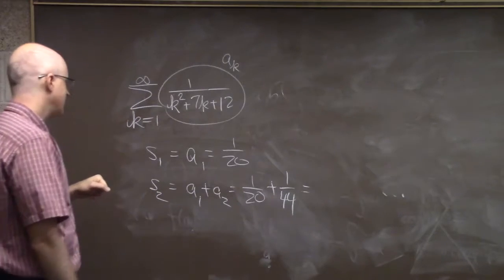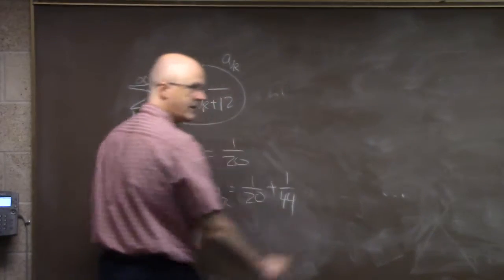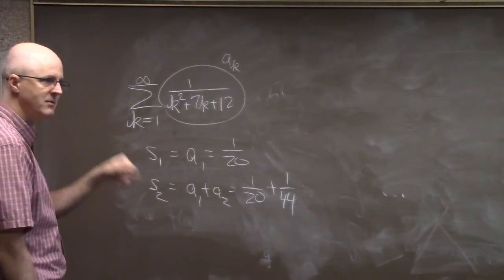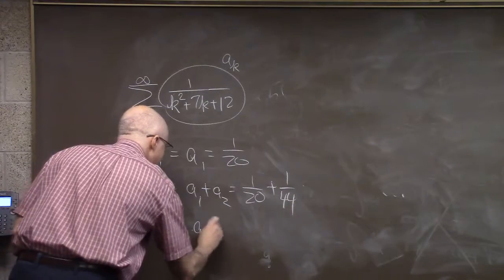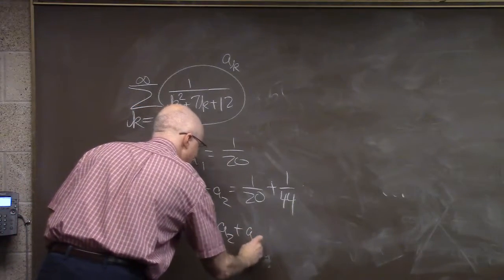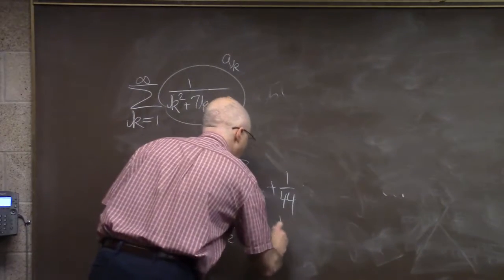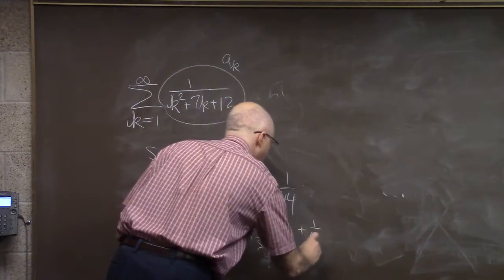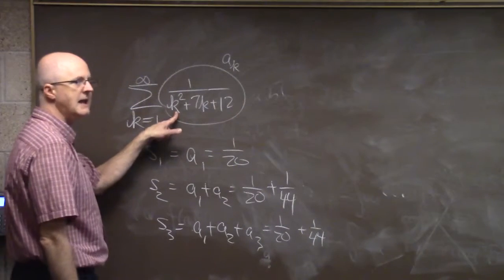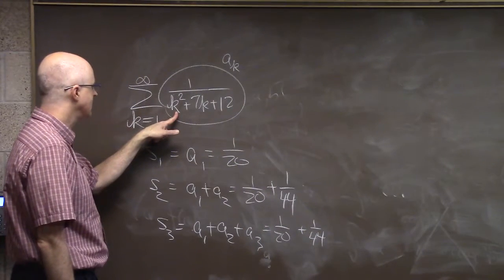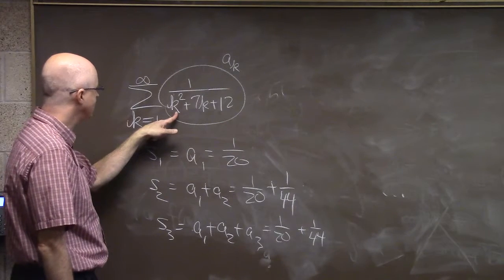Did I do that right? Oh, do I have to get a common denominator with these things? Okay, I could, I'm not going to bother. I can simplify it. The second one should be 1 over 30. Did I calculate it wrong in my head?